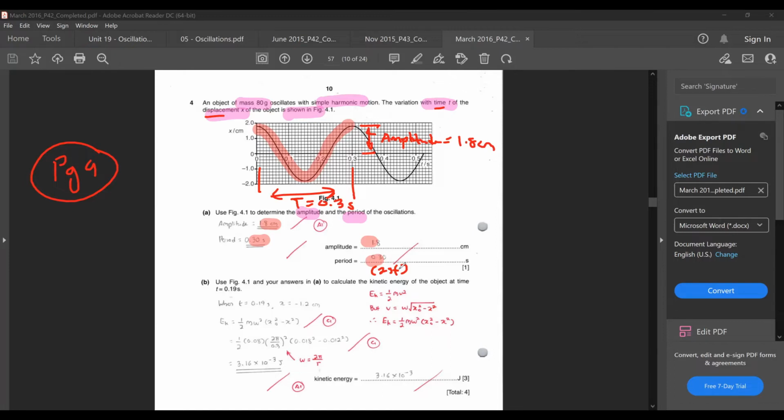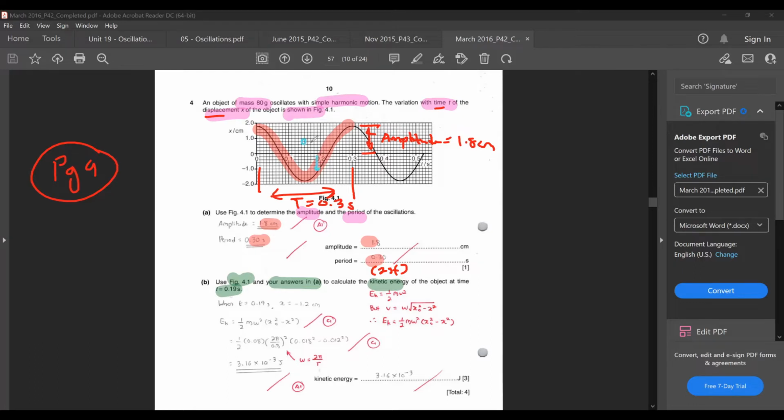Now part B, use your figure and your answer in A to calculate the K of the object at time equals to 0.19 seconds. So this one, they are quite specific in telling you the time that they want the kinetic energy. They want it at 0.19 seconds, which is right over here.